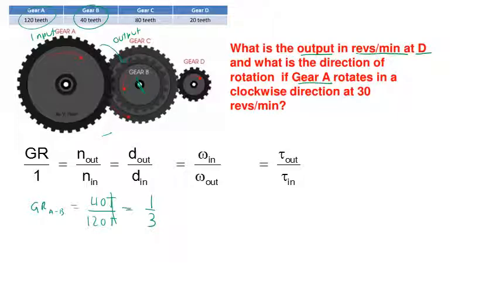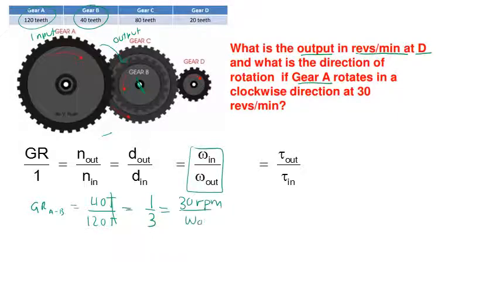Now that's equivalently equal to my angular velocity ratio. Gear A is the input, so the input of A in RPM is 30 RPM.